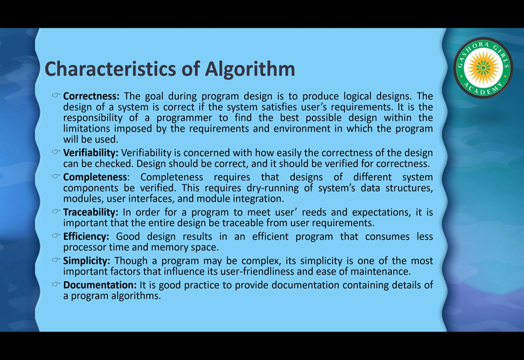Documentation: it is good practice to provide documentation containing details of the program algorithm. After writing an algorithm, you have to document it so that others who want to use it can understand well what you are doing.